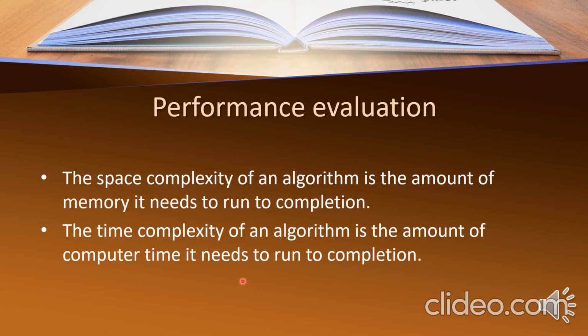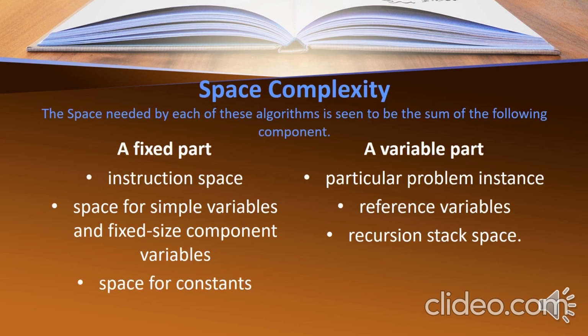So in time complexity, you are interested in the execution time taken by an algorithm. Next, let's study space complexity and its examples in detail, and time complexity in the next slides.